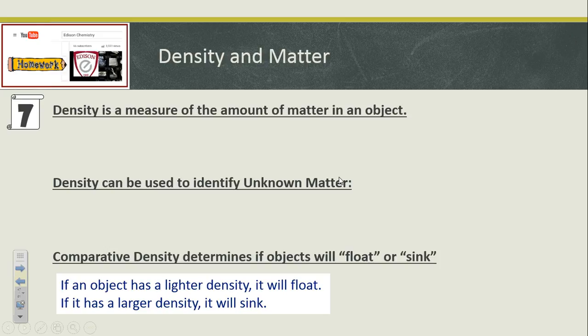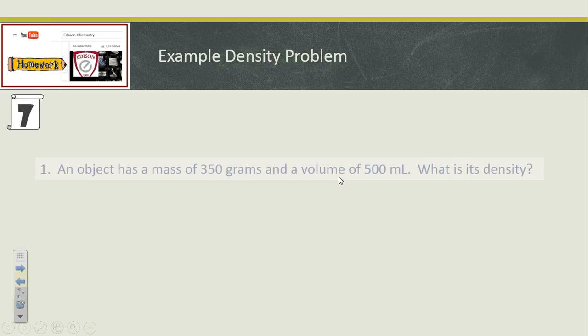If I throw a chunk of steel in the ocean, it's going to sink because it's more dense than water. The boat itself is engineered to float regardless of what it's made out of. So for floating and sinking, we're talking about throwing a bead or a pellet or a chunk of this stuff into a bucket of water. It will sink if it's more dense than water, and it will float if it's less dense than water.